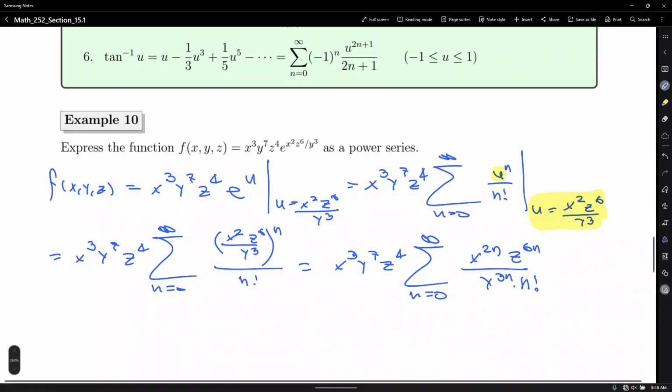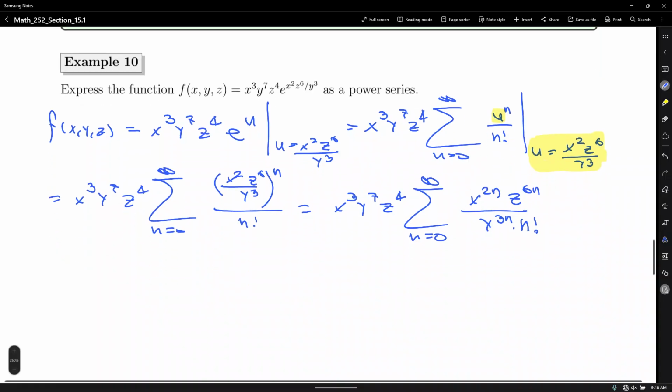Now let's combine together powers of x. How about 2n plus 3? 6n plus 4 for z. And therefore 3n minus 7 for y, because essentially that 7 would go to the denominator to be combined with the powers down here.